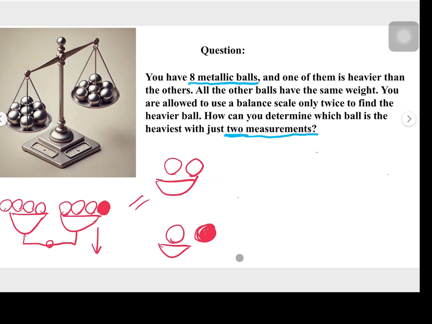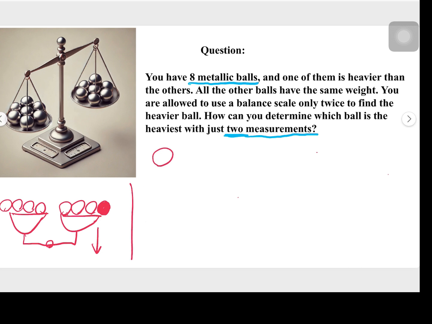So what is another solution? Another solution is similar. You can take two balls and two balls, measure them, and if you find that they're equal, you don't need to consider them anymore.